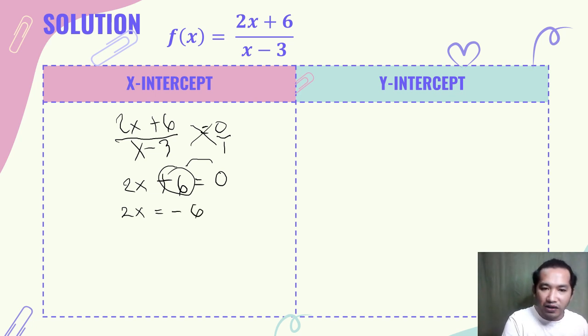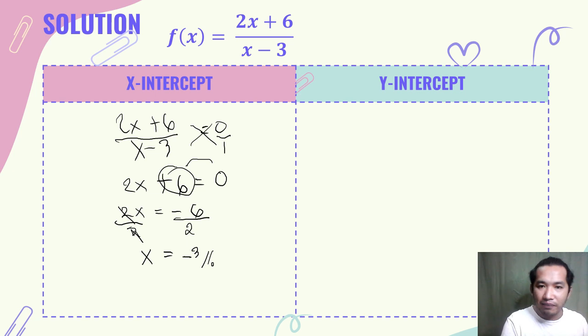To get the value of x, we divide both sides by 2 and cancel 2. Negative 6 all over 2 gives us a value of negative 3, and that is our x-intercept.